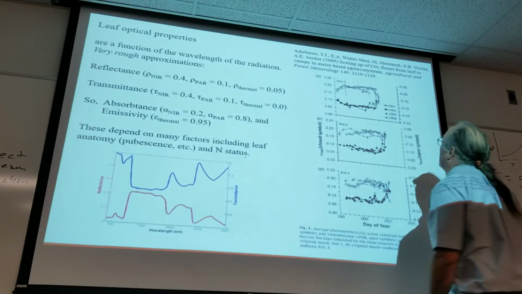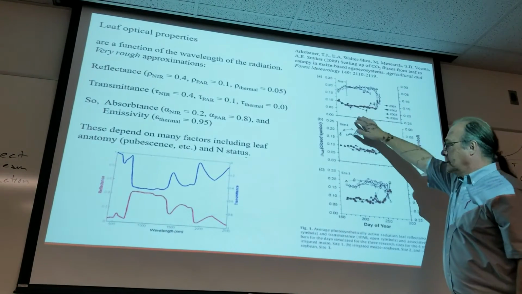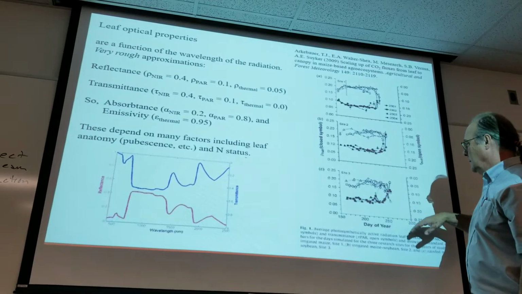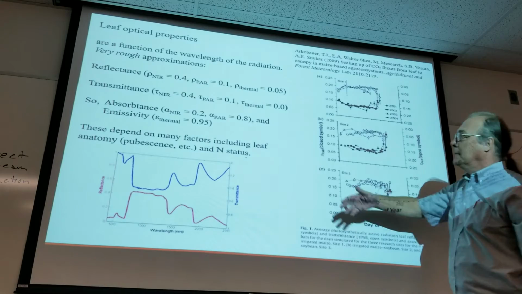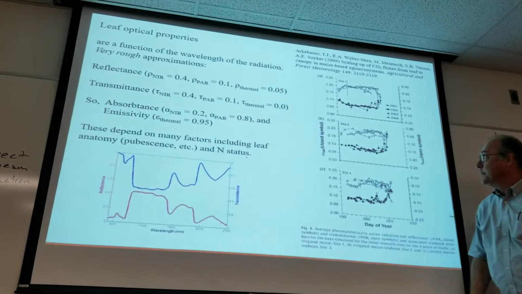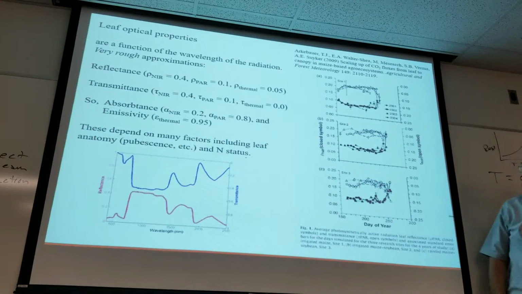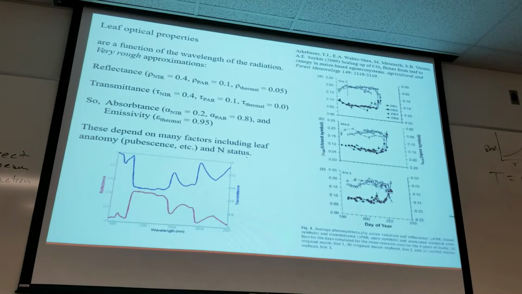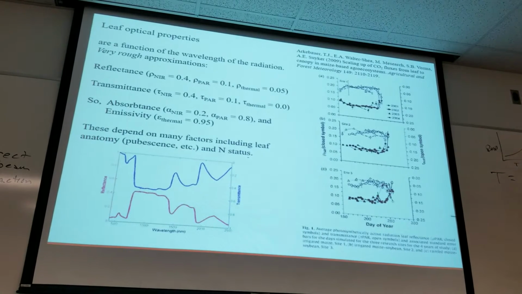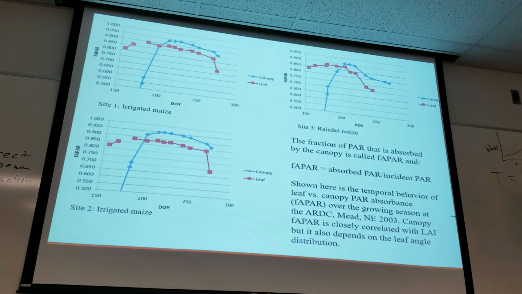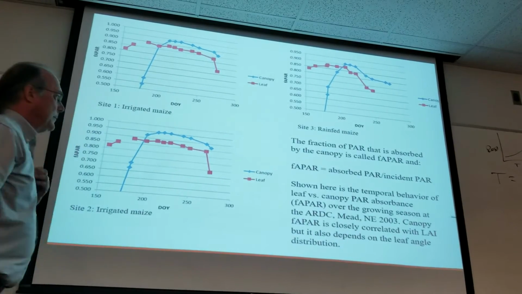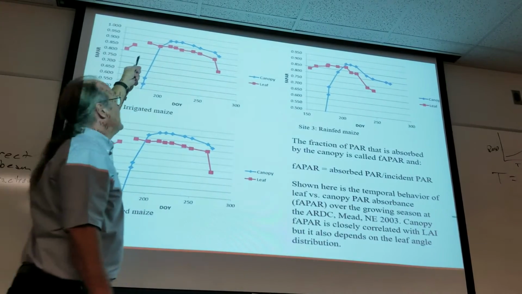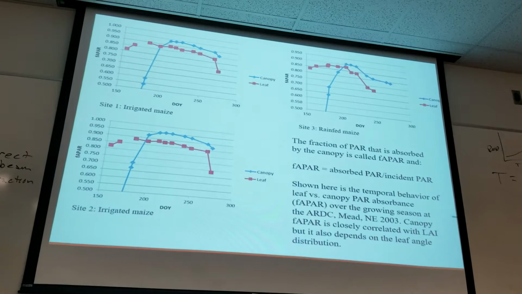Here are some reflectances that Betty measured over the summer. And you can see these are real data. These are made up approximations. You can see how those vary. So here are the leaf optical properties in red compared to the canopy, similar canopy properties.